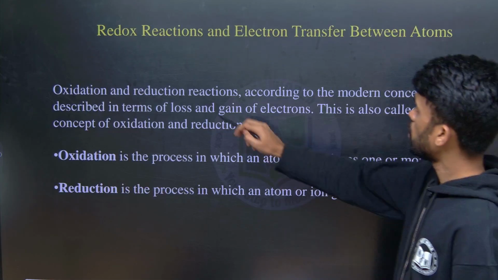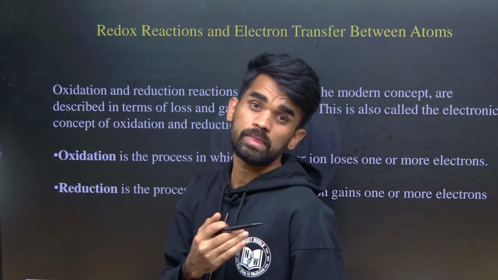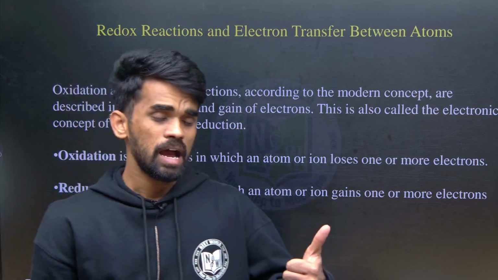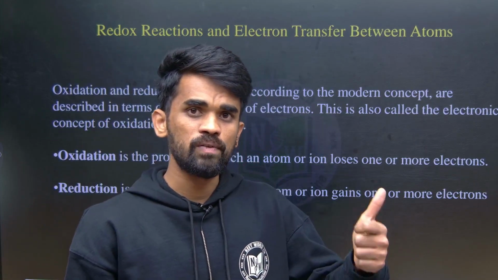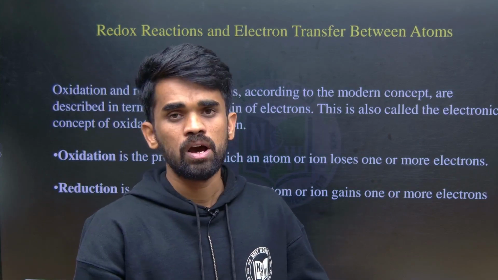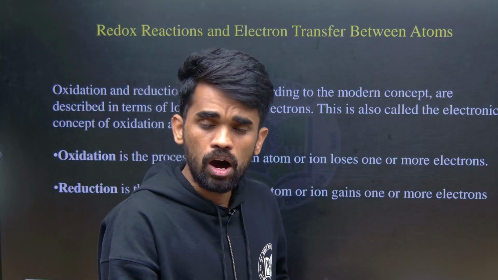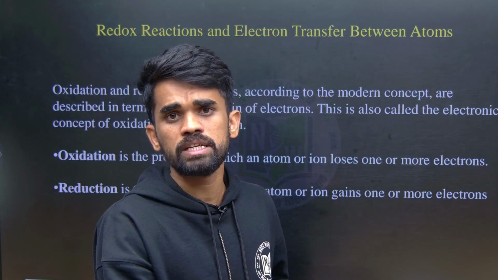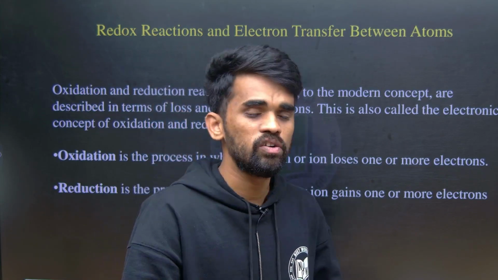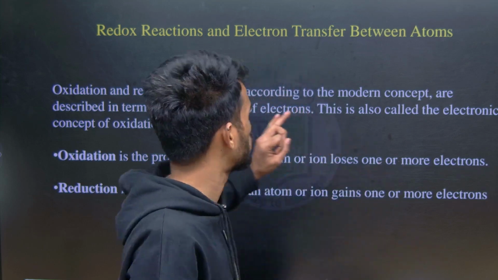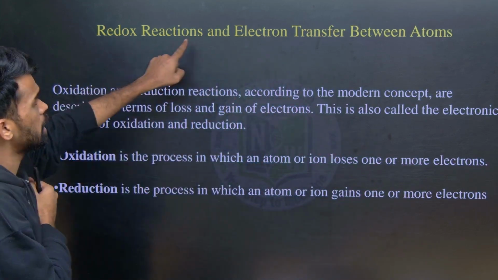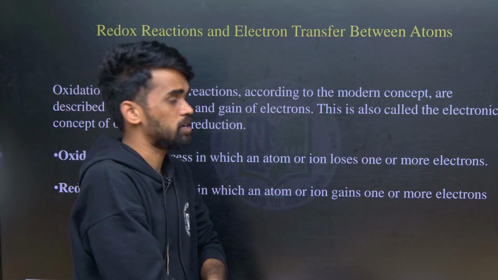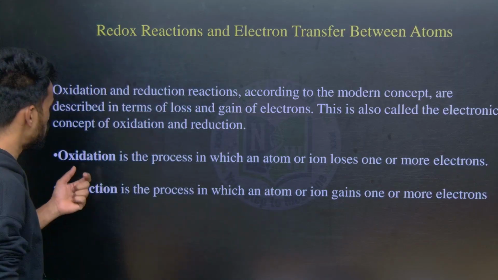Next, what are the definitions we discussed? Addition of oxygen or removal of hydrogen is called oxidation, and removal of oxygen or addition of hydrogen is called reduction, right? Now we have one more kind of definition: redox reactions as electron transfer between atoms.